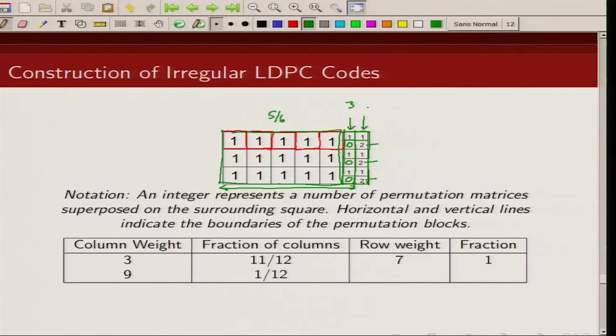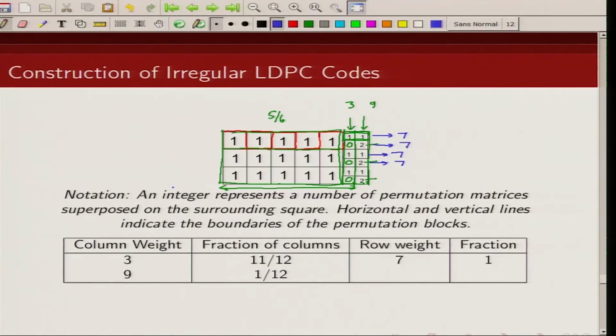So, this set of columns will have weight 9, and you can check I already had each row weight up to 5, and now I have this row has weight 2. So, the overall weight will be 7. This has weight 0 plus 2, the overall weight is 7. Here the overall row weight is 7.